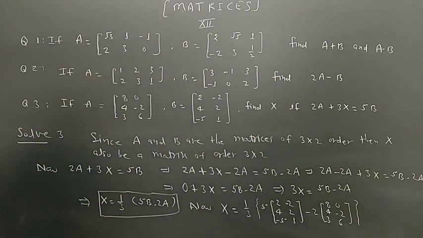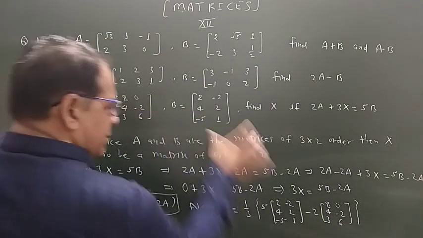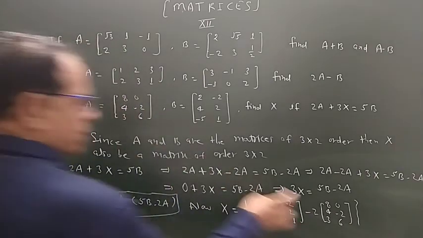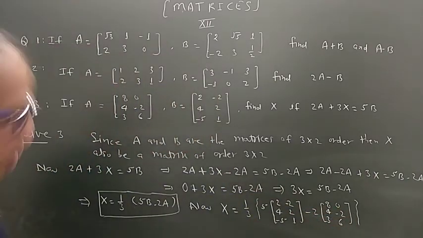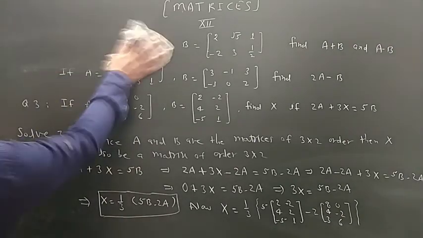Now the value of B is this matrix, the value of A is this matrix. Now we simplify.